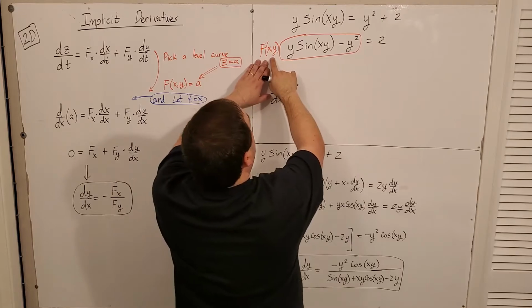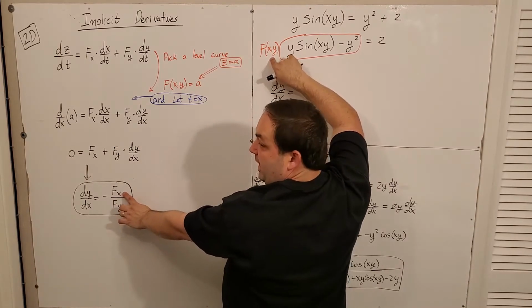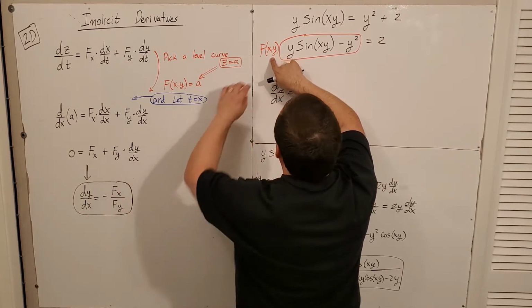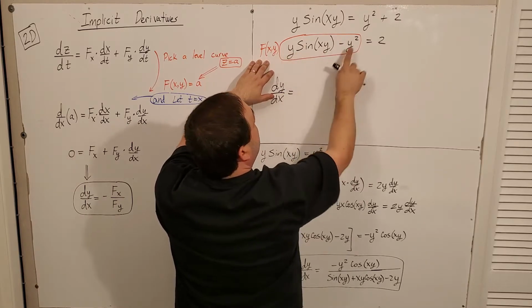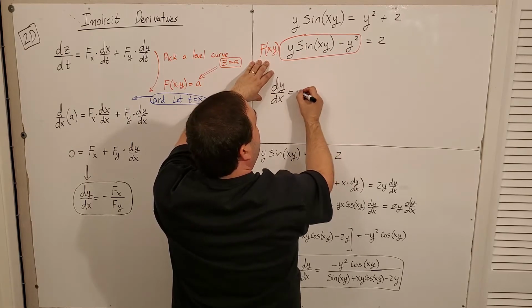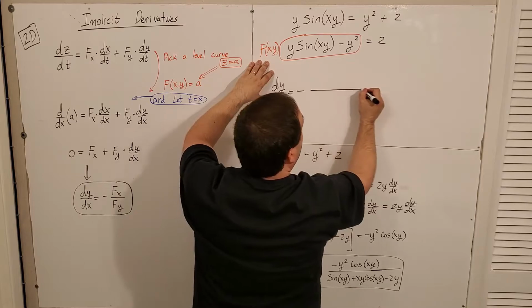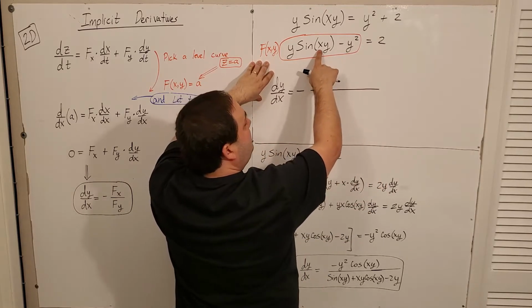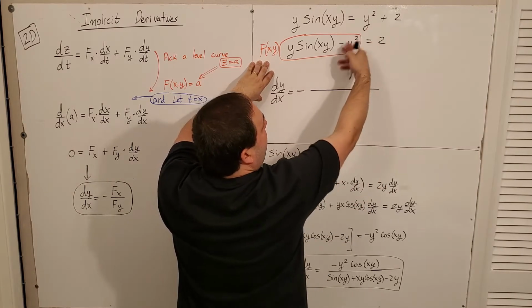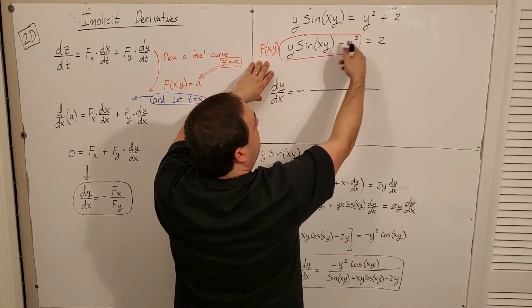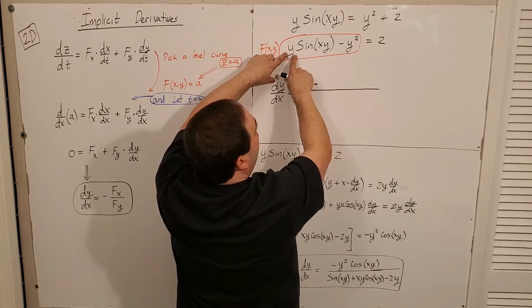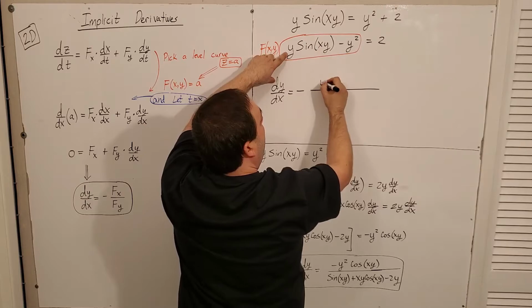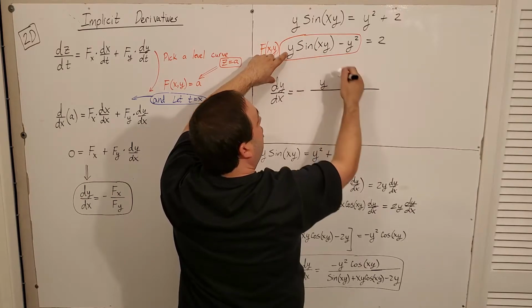Notice that I'm going to do the partial of f with respect to x on top. So the partial of this with respect to x, let me throw my negative sign in. Well, the only x is right here, right? The derivative of this piece is 0. And then the y is along for the ride. So I have y, and then it'll be cosine.